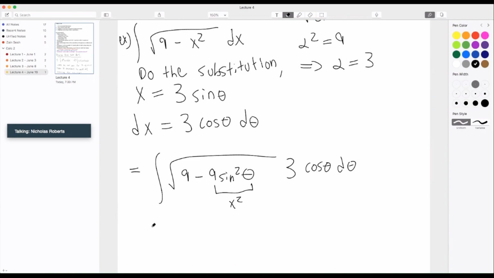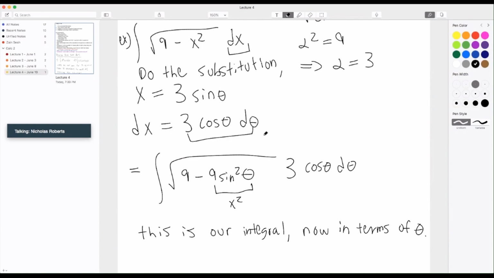So this is our integral, but now in terms of theta. I hope everyone's okay with what's going on here. This dx is 3 cosine theta d theta, that's why I put that right there.